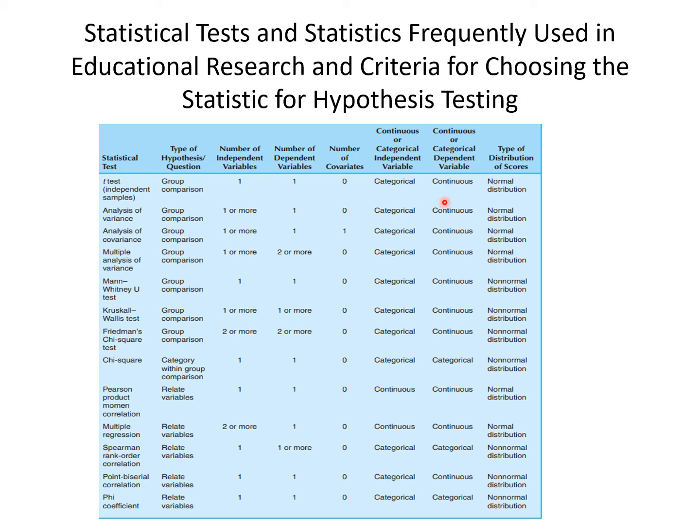If the student's grade is continuous, and the teaching method is categorical, and we have just one independent variable and one dependent variable, then we might use t-test.